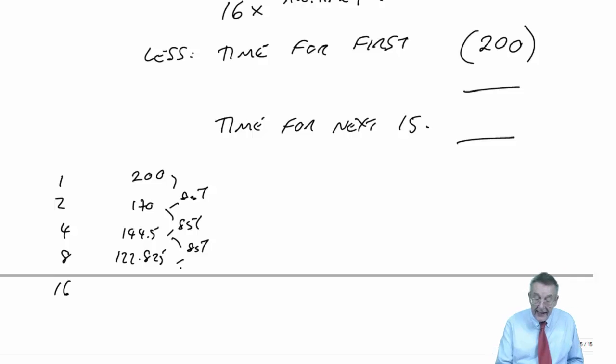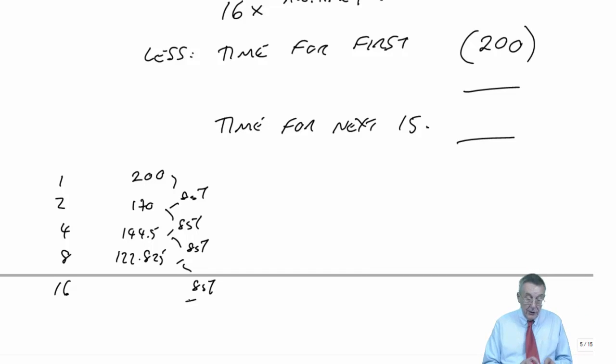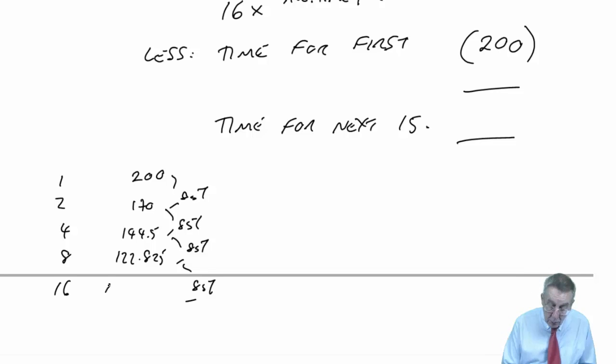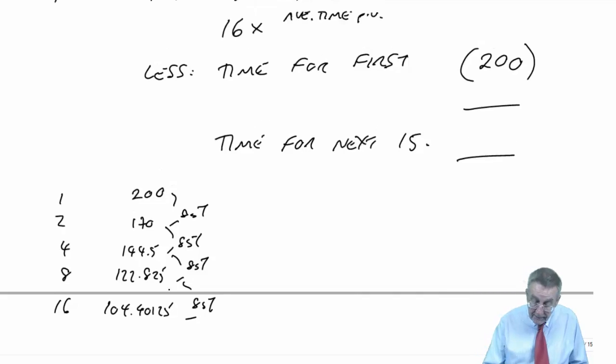Double again to 16. 85% of the previous average is 104.40125. Now, normally I would round. I haven't got to so many decimal places, but I may as well do here. But I'm not worried about a little bit of rounding. So the average time per unit, if you make 16 or per batch, is 104.40125.